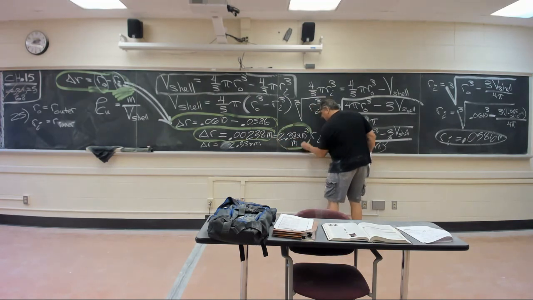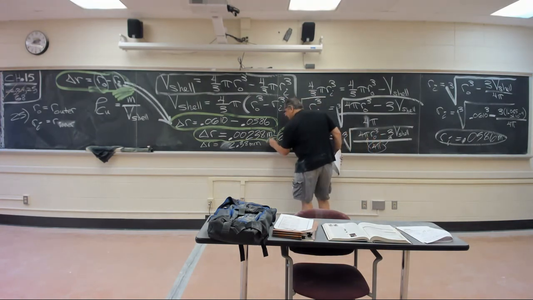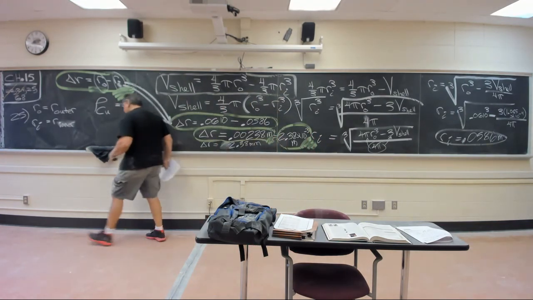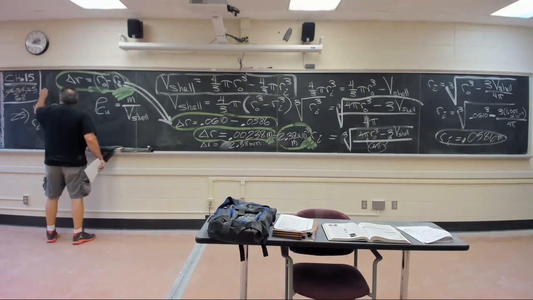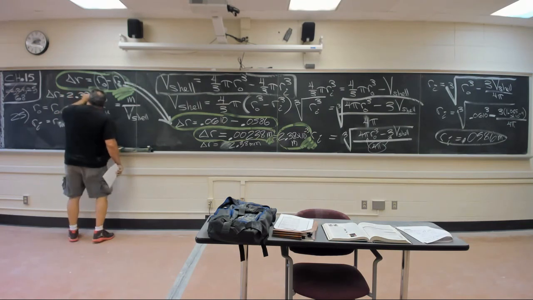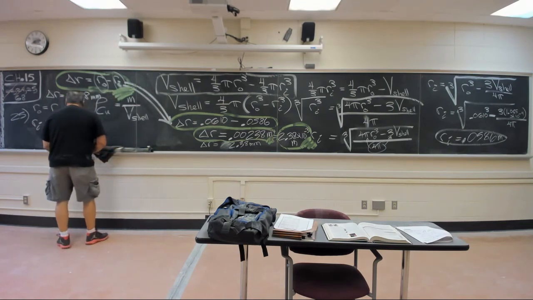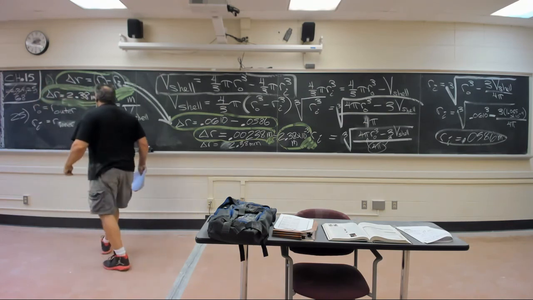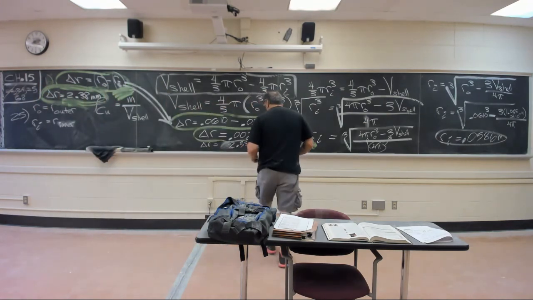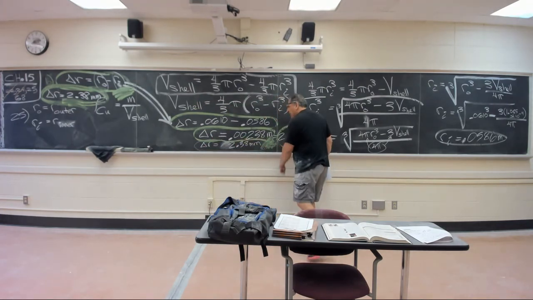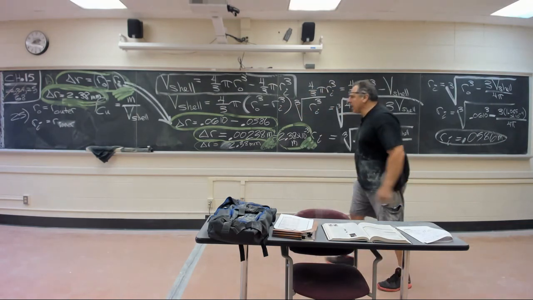You got that, you got this. And like I said, delta R is 2.38 millimeters. And that's for B. That's what we got right here. Not bad at all.